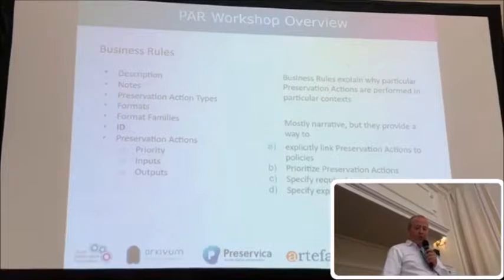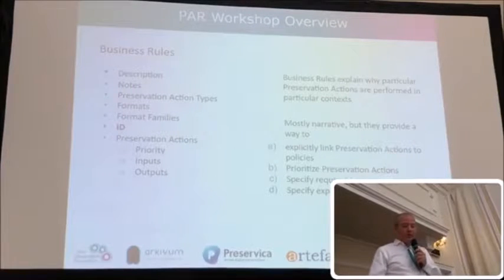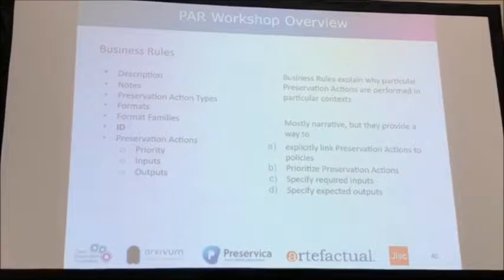The purpose of a business rule is to explain why particular preservation actions are being performed in particular contexts. And the most important fields in this are probably the description and the notes. So the idea is that you can actually just explain in human readable narrative text the purpose for doing particular actions.